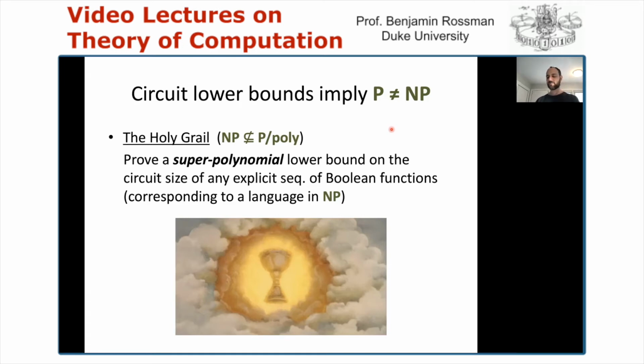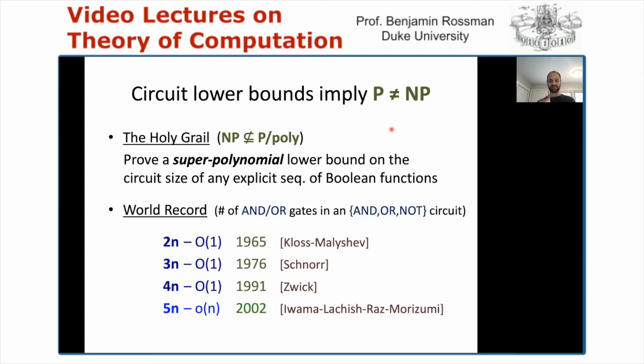Unfortunately, proving lower bounds is hard. This is illustrated by considering the sequence of world records of the strongest known lower bounds for explicit Boolean functions, here measured in terms of the number of AND/OR gates in Boolean circuits.